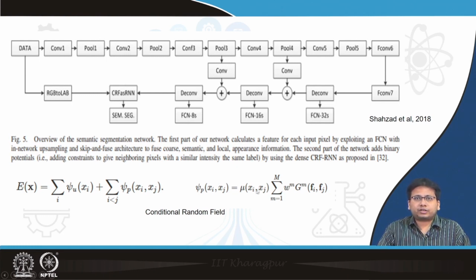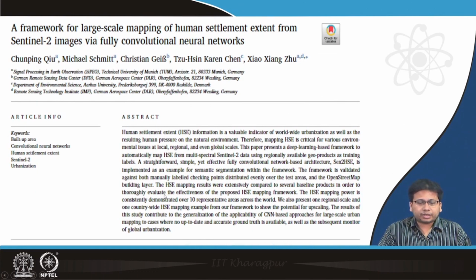These potential functions are defined using Gaussian kernels that operate on the pixel level features, so as to ensure that the corresponding pixels get the same labels, that is, either both should be buildings or both should be non-buildings. So this is how that paper carries out the detection of buildings from SAR images.